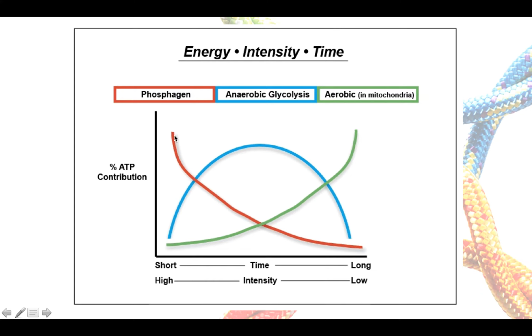So short and high, long and low, not very much usage here. Whereas your anaerobic glycolysis, we're looking at a short amount of energy, so small, high intensity, around to this side where it's low, but this is your peak area here in the middle where it's got medium intensity. So thinking through that middle line there.